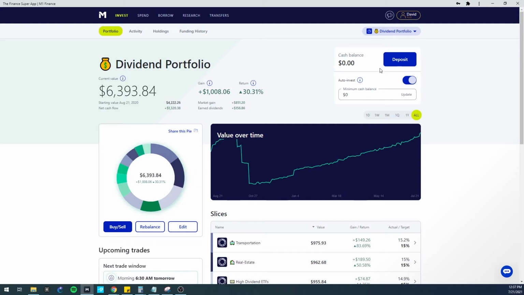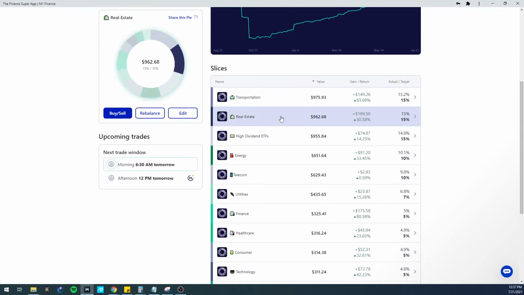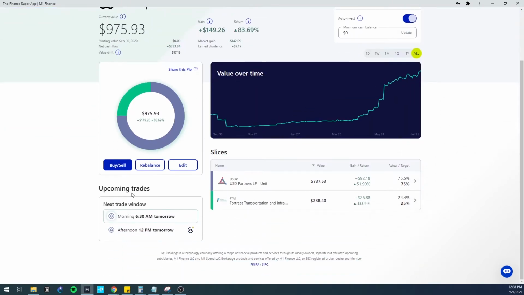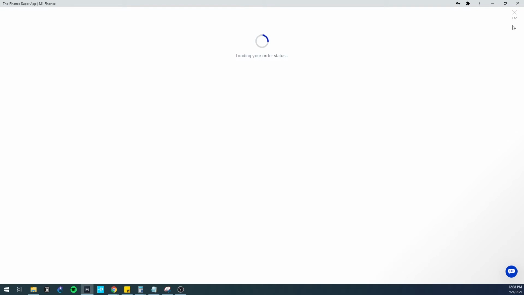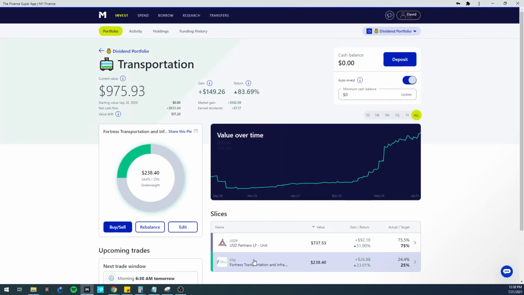But if I have $1 or $10 or anything under $25 in my cash balance, I can choose to manually invest that money into a particular pie, or into a particular company.